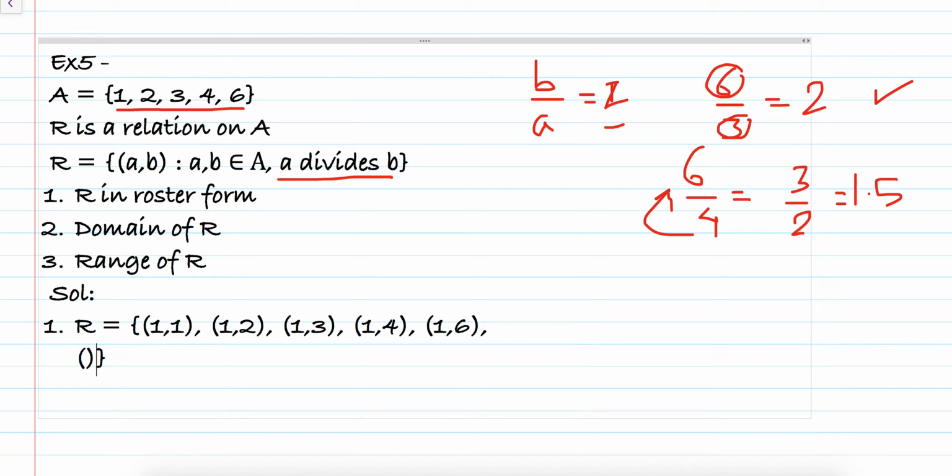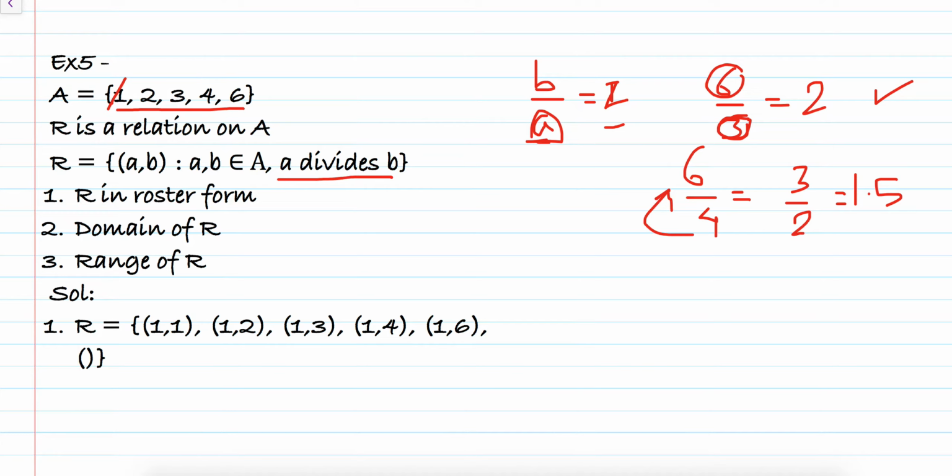Clearly, if any number divides some other number, it should be smaller than or equal to b. So we don't have to look backward.